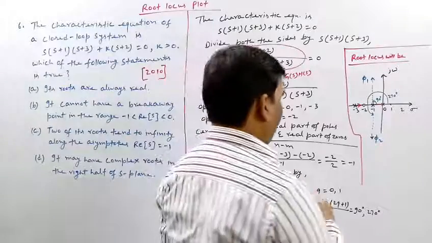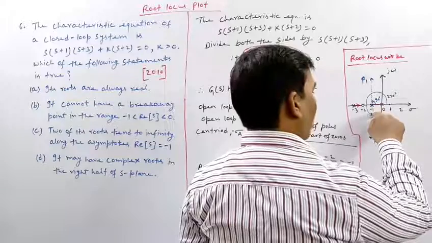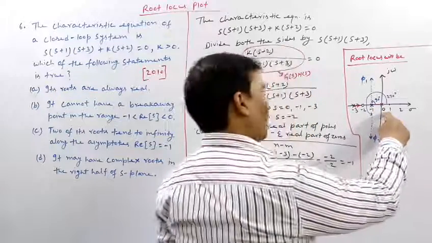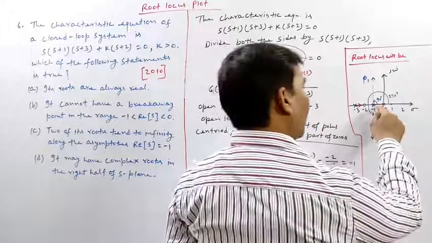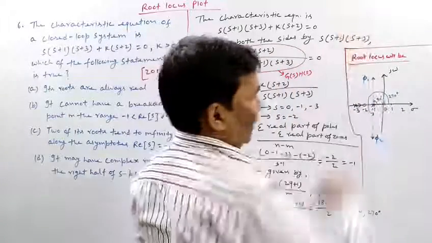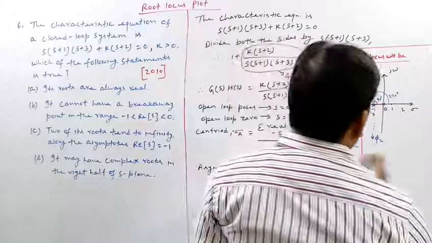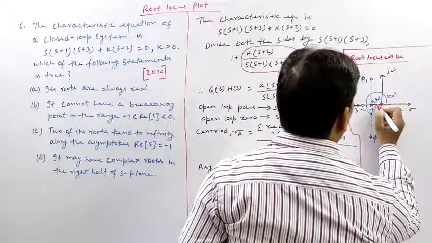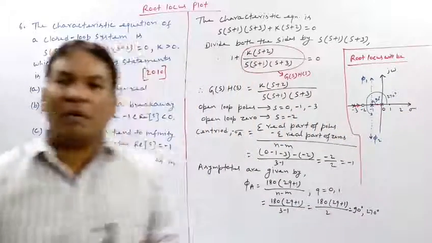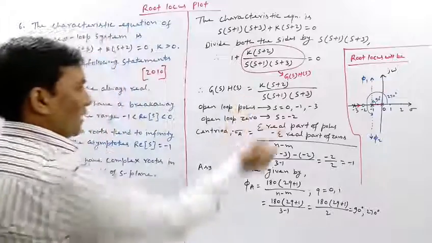Now one branch will originate from the pole at -1, and another branch will originate from the pole at 0. They will meet somewhere in between and break away along the asymptotes. The breakaway point is given by the formula dK/ds equal to 0.